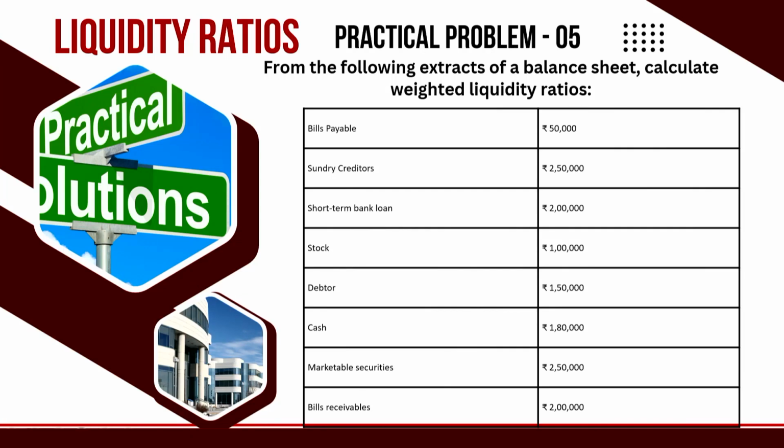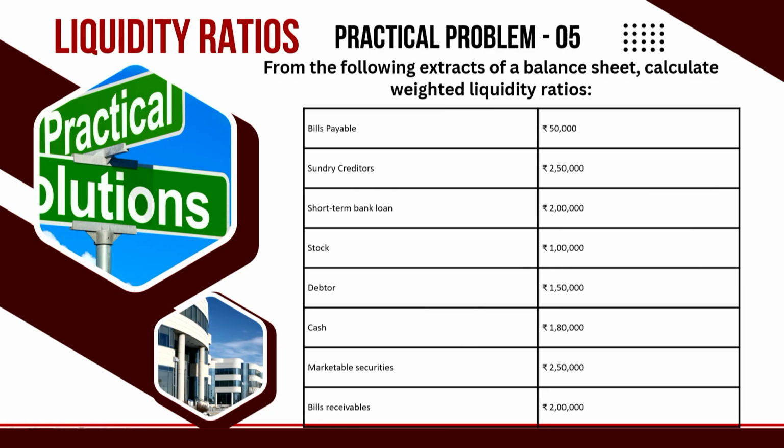Practical problem number 5. From the following extracts of a balance sheet, you are required to calculate the weighted liquidity ratios. As you know from the last lecture, weights are given on the basis of the conversion of the assets into cash in the open market. So we assume certain weights to be assigned to the different assets as well as the liabilities.